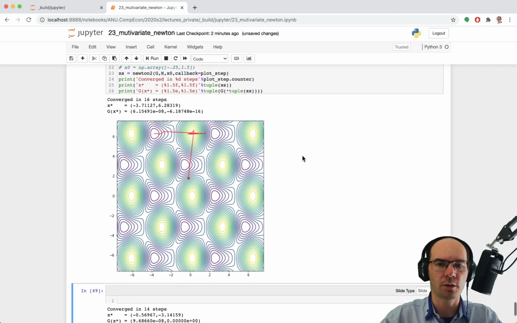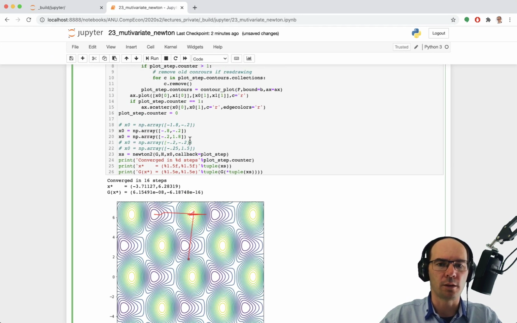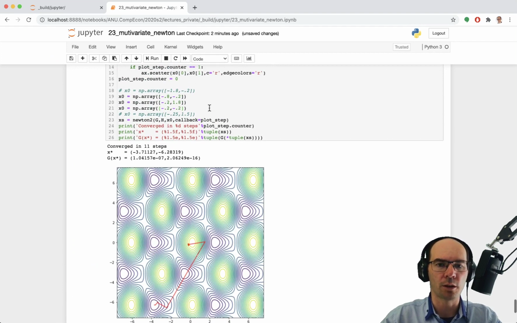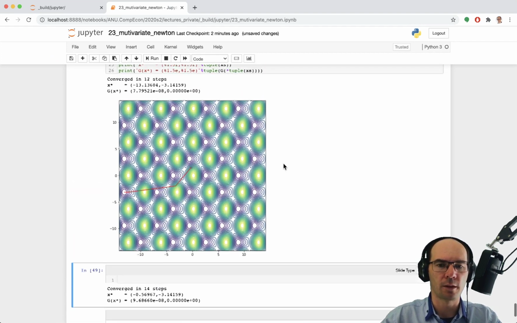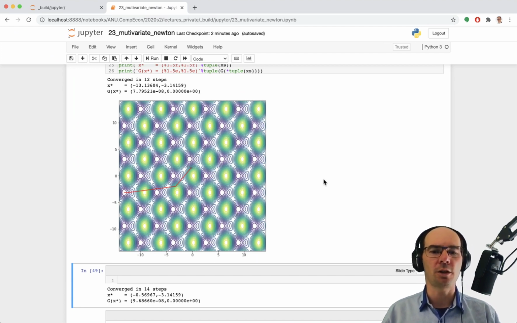Another try. Oh, and here we have to even redraw the picture. It jumps very far away and then settles over here. A few more runs. Again, jumps quite far away. And even further away. So essentially, it's like a randomization device.